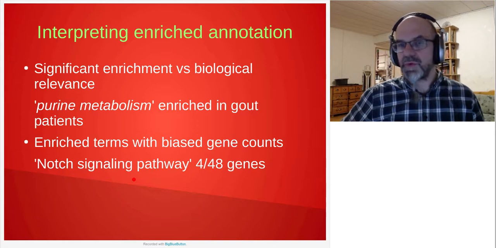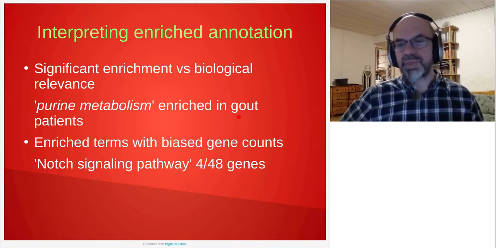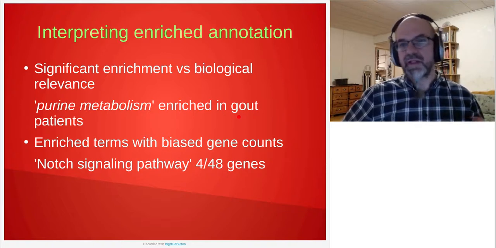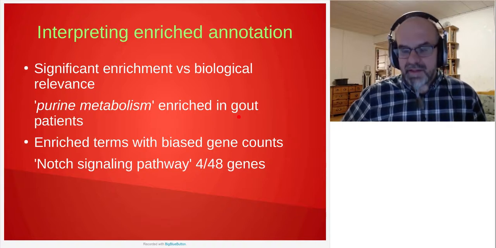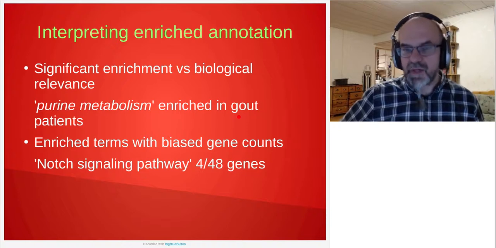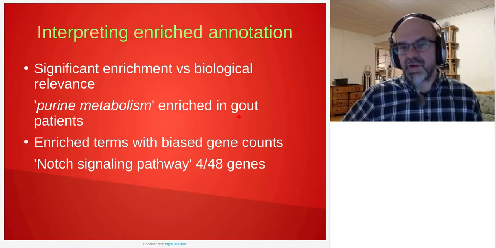For example, on the slide, if you study gout patients and you find genes which are upregulated, downregulated, or differentially expressed in gout patients with active symptoms, and you perform enrichment analysis, and you get an enriched term purine metabolism, then what you have figured out, everyone knows: gout is a purine metabolism disease.